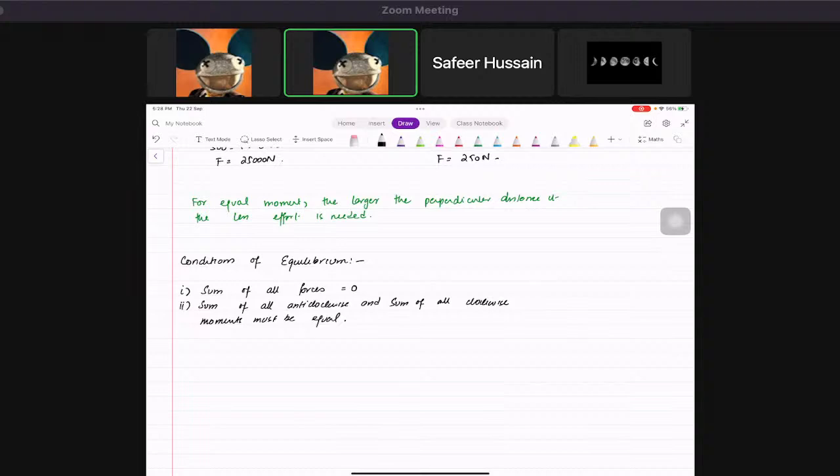This second point is also called the principle of moments that you have done in IGCSE as well. So speaking of this, we're going to look at certain conditions and try to understand how it affects us.